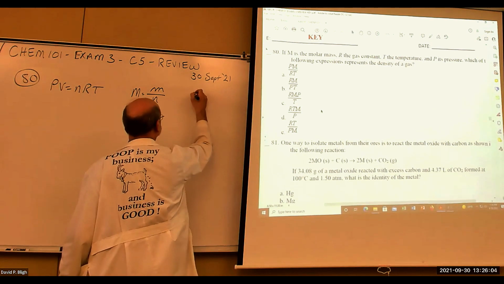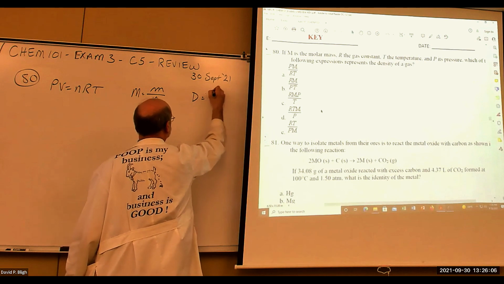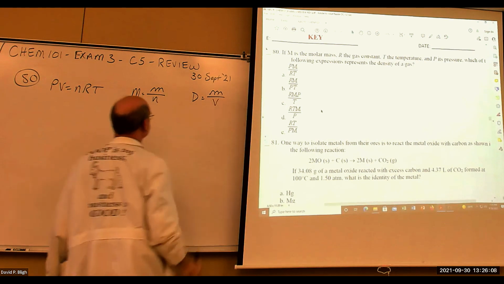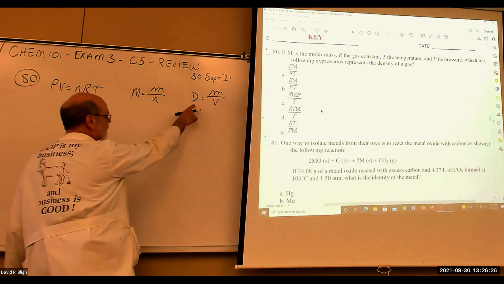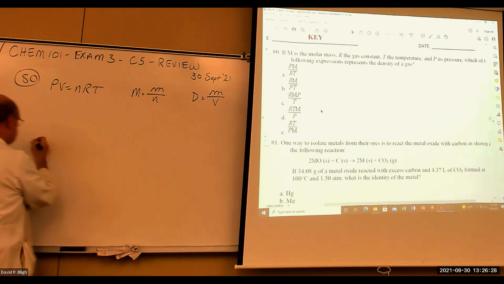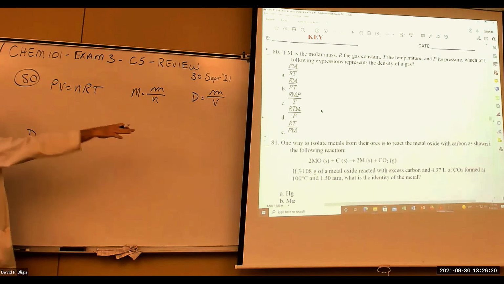So density equals mass per unit volume. Okay? And it wants an expression for the density of a gas with these conditions. So the density of the gas here, D, is going to be on this side, equal to something.